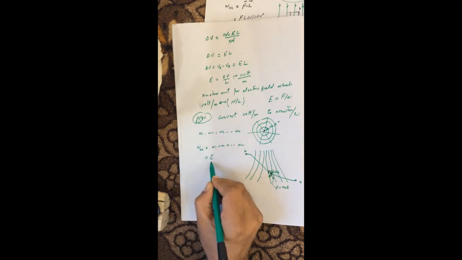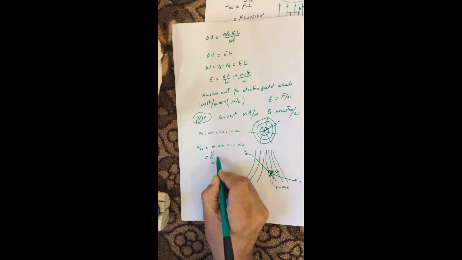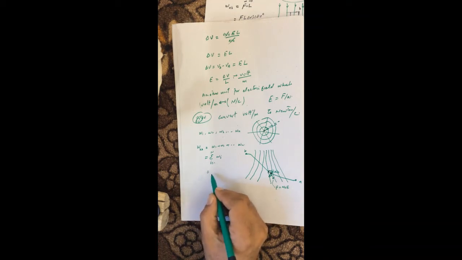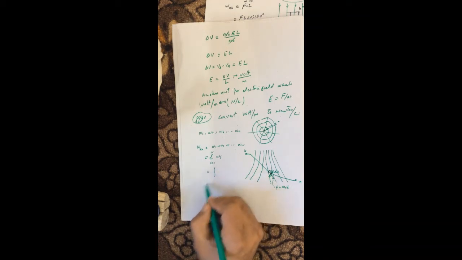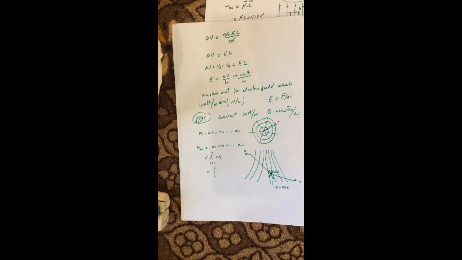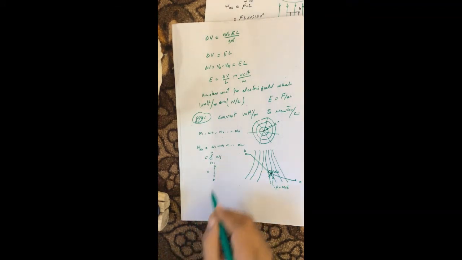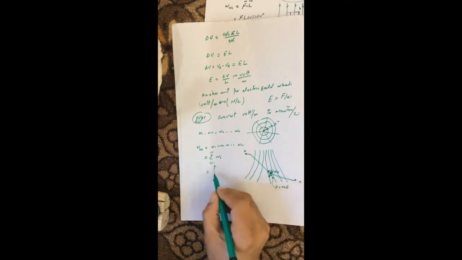This is equal to the sum over i from 1 up to n of Wi. We can replace it by an integral. This summation is replaced by this integral, from A to B, of the work done dW.